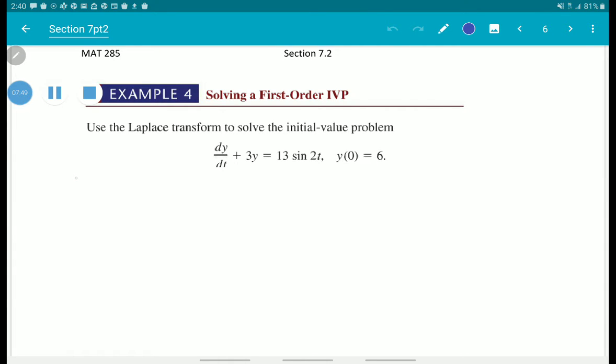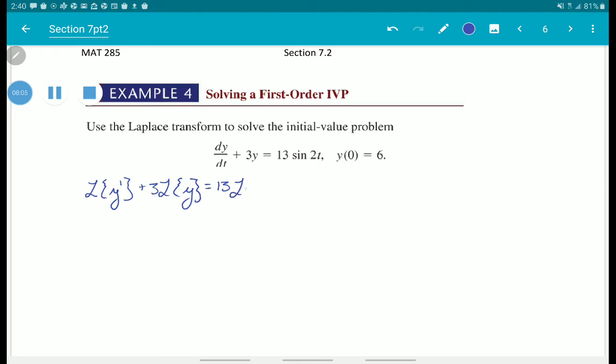So what we need to do is start by taking the Laplace of each side. So if I take the Laplace, this is y prime. I have to take the Laplace of both sides of the equation, and then using those properties of linear transformations, we can rewrite it this way by taking the Laplace of each piece. I did pull those constants out, so we're good to go there.